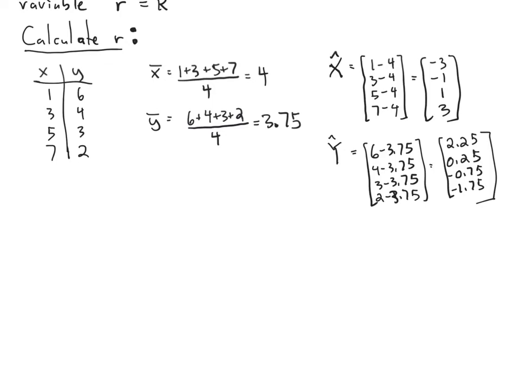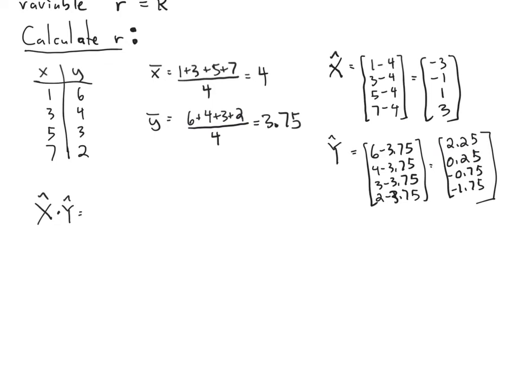All we need to do now is calculate our r. So we need the dot product of x hat and y hat. All this is going to be is take each corresponding entry in our x and y vector, multiply them together, and then take that sum.